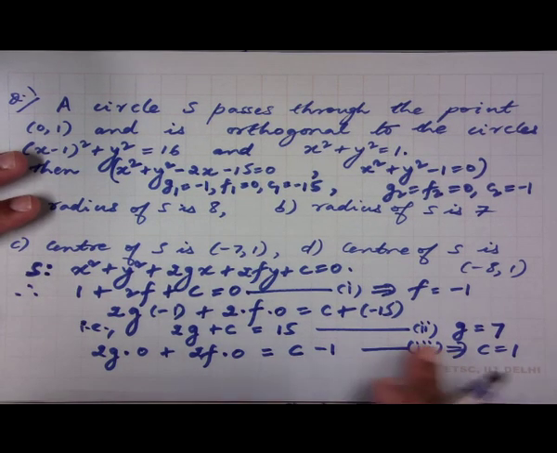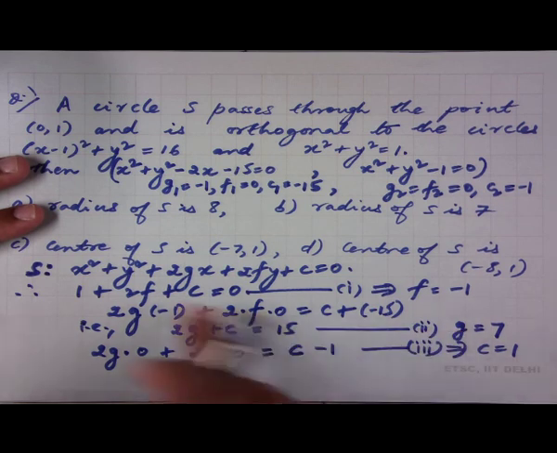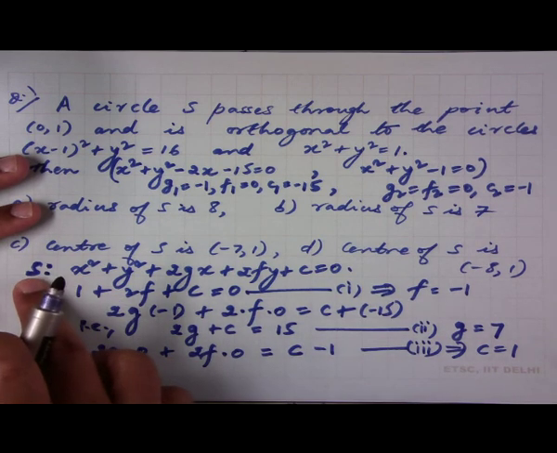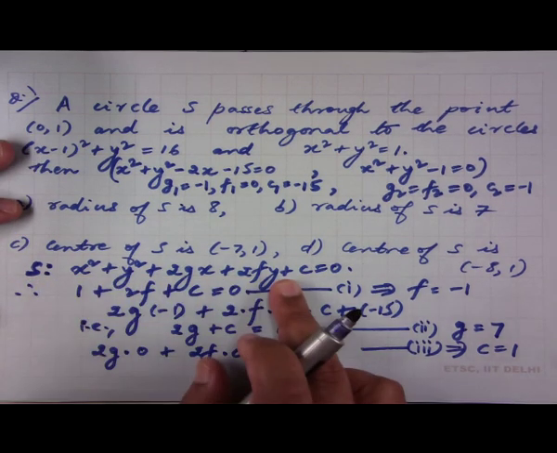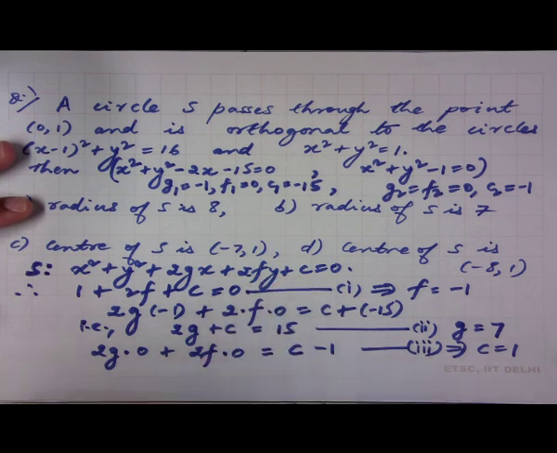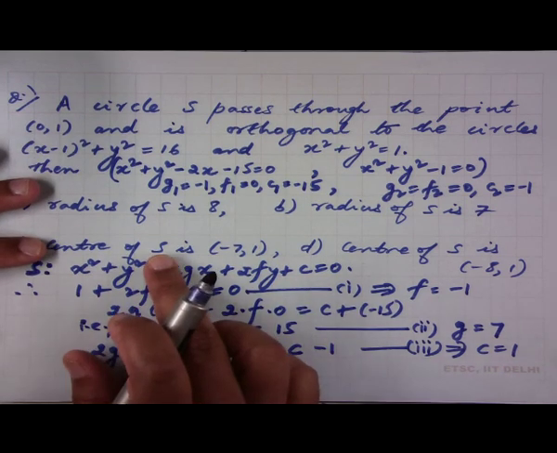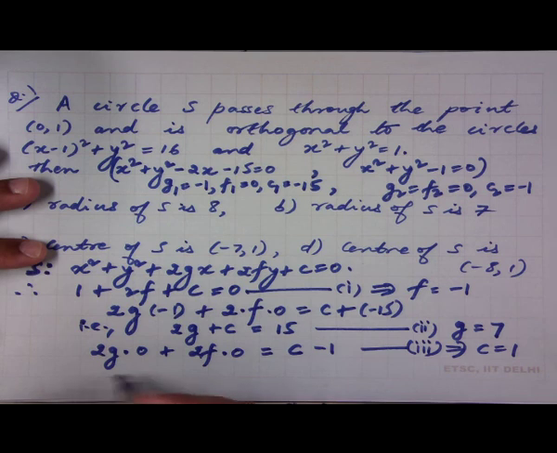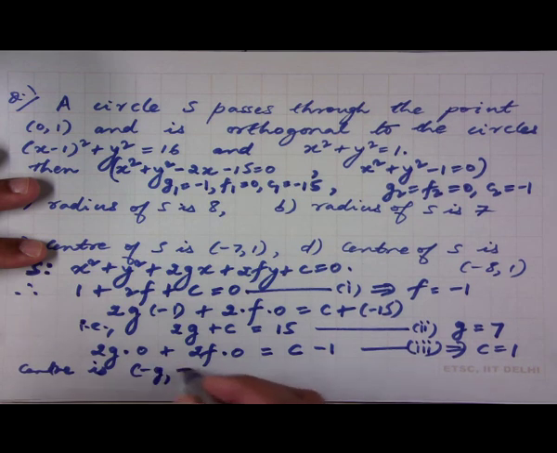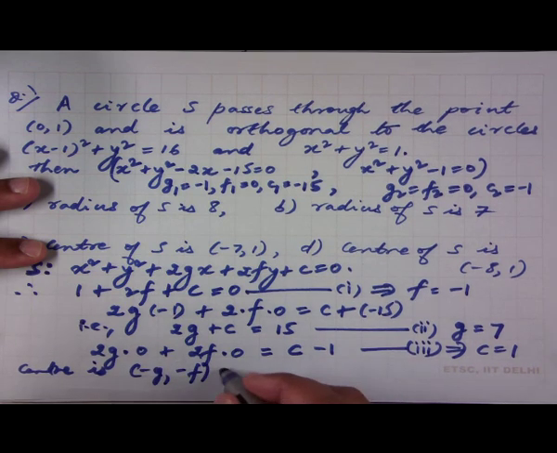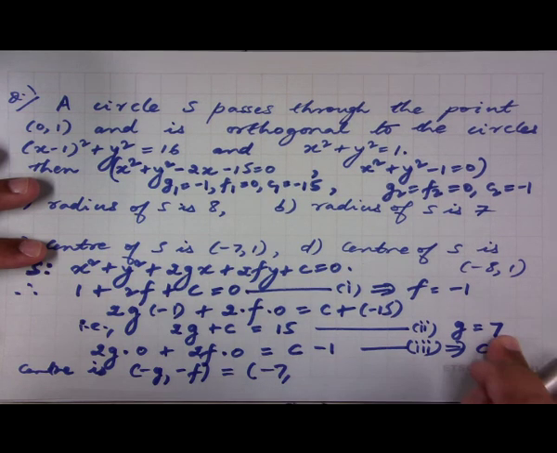So, then we have gotten all the parameters of this circle S, and clearly the center of the circle S is minus g comma minus f, which is minus 7 because g is 7 and minus f will be 1.